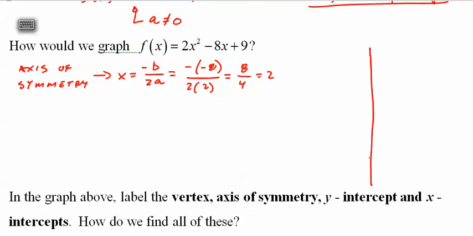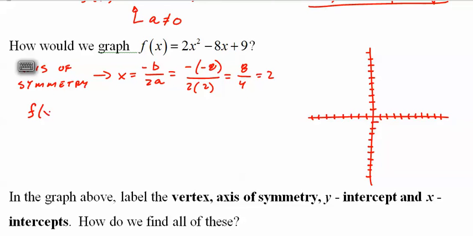I'm going to force you guys to make graphs just because it's a good skill to develop. And graph paper is not a bad idea when you're doing lots of quadratic problems. Take that, plug it back in.